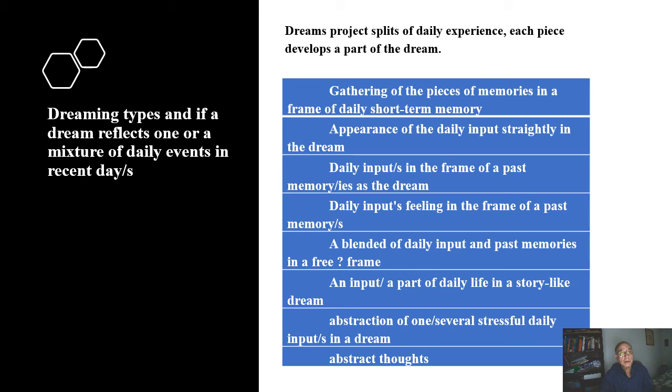Here I would like to wrap up this presentation with the types of dreams. Dreams in the early cycles of sleep are very short and fragmental, made of one or a few fragments. But in the later cycles, especially before waking, dreams are made of more fragments and have a story-like theme.